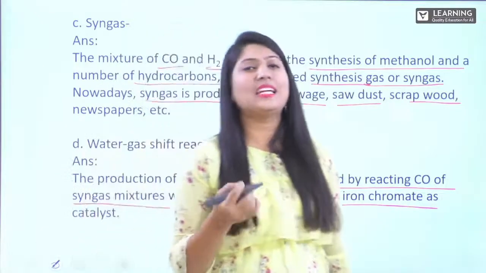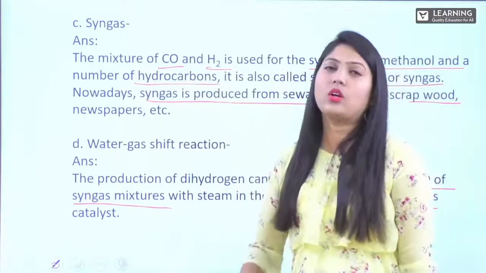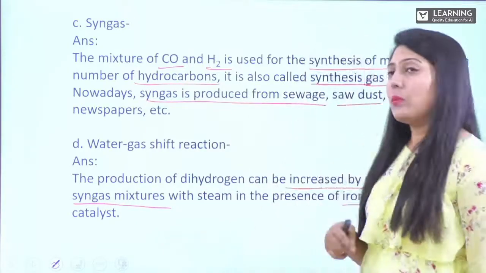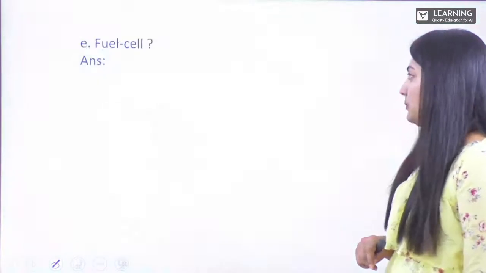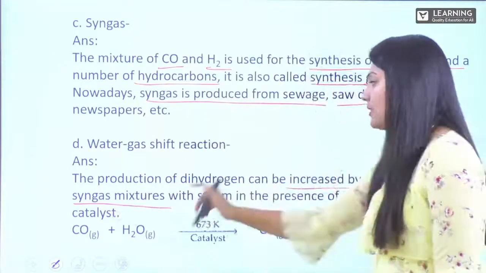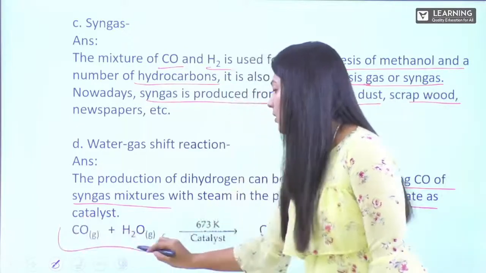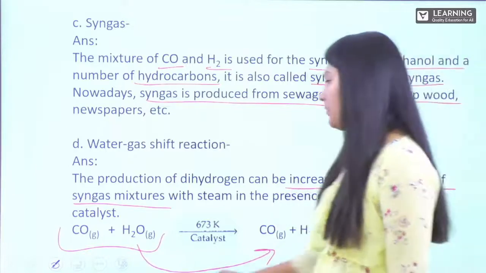To increase the yield of hydrogen, we use this carbon monoxide to react with water in the presence of iron chromate at 673 Kelvin. This shifting is called the water gas shift reaction.